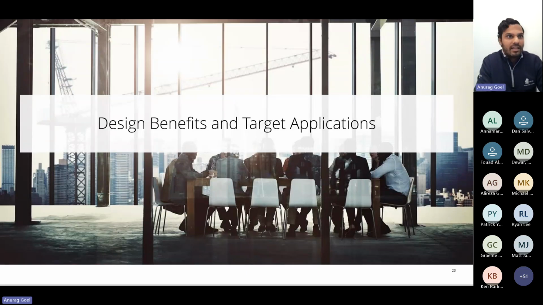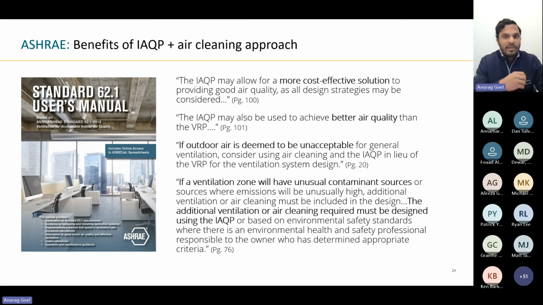So why would you apply this? What are some benefits of using the IAQP? I can provide a lot of my own opinions, but I want to start with what ASHRAE has listed as why you would apply the IAQP. These reasons are outlined in the ASHRAE 62.1 User's Manual.